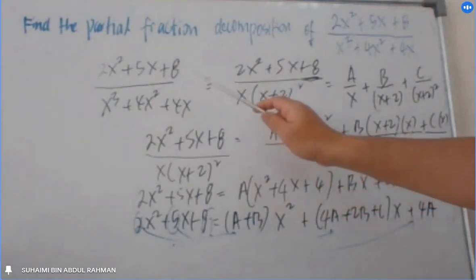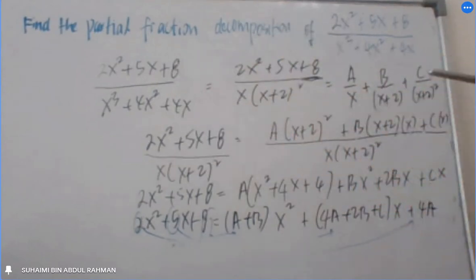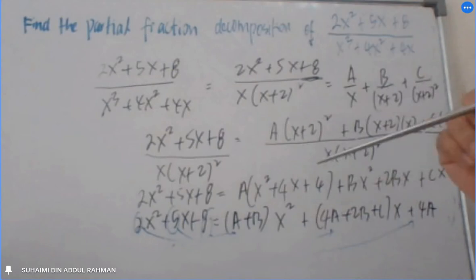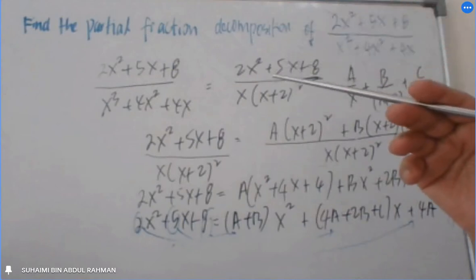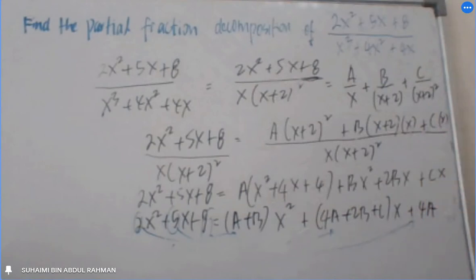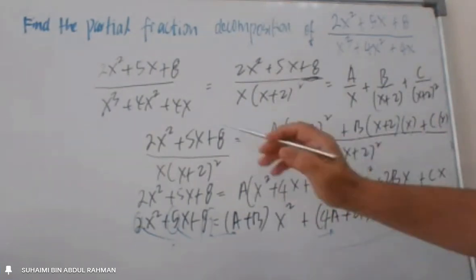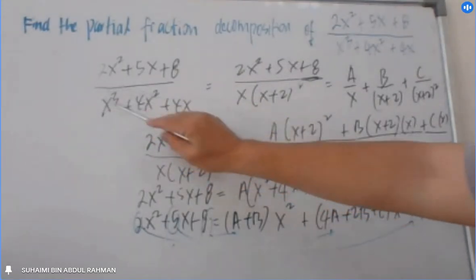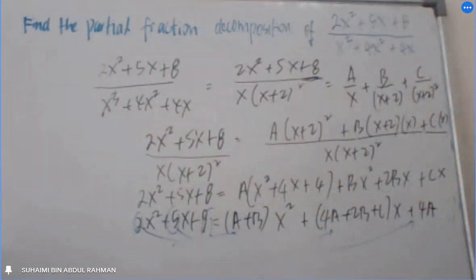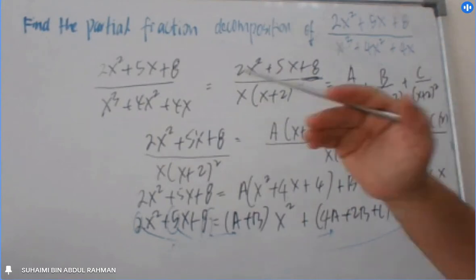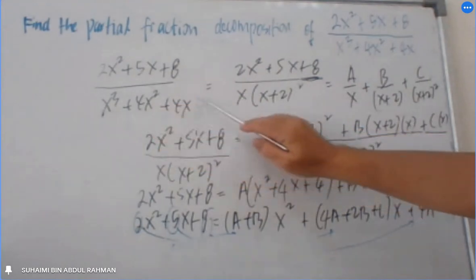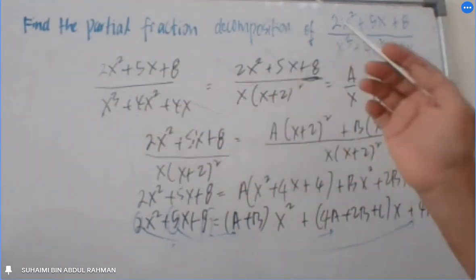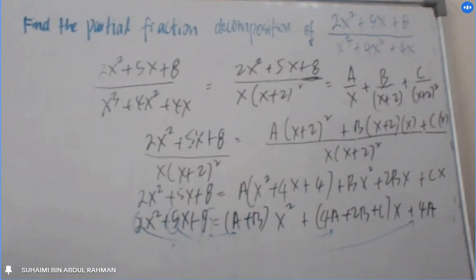So we go straight. The next step is to factorize the denominator. So how to factorize this? X cubed plus 4x squared plus 4x. How do we factorize it?